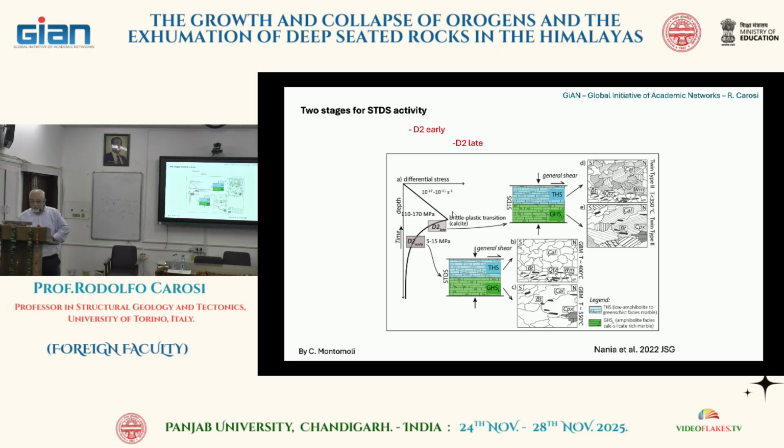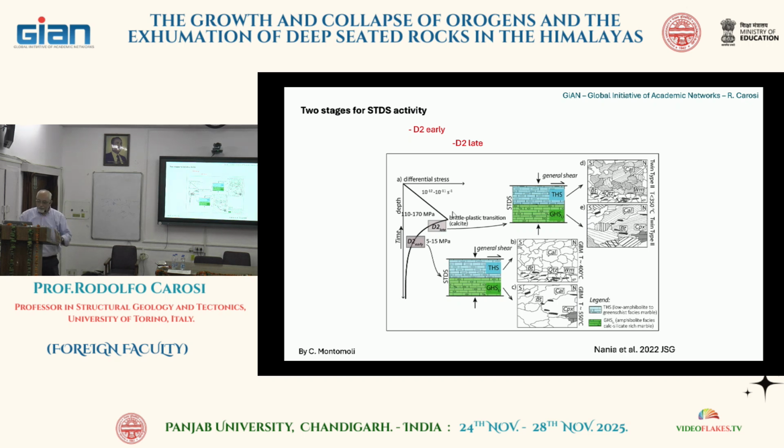And probably it is caused by the kind of rocks because you have a lot of marble and calc-silicate, and you can have not so strong strain hardening, because if you have strain hardening, the deformation cannot go on and the deformation jumps to another position to deform as a brittle fault. In this way, the deformation was able to continue along the same levels of the shear zone by deforming in a different way.